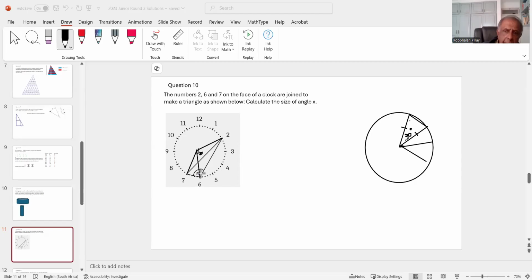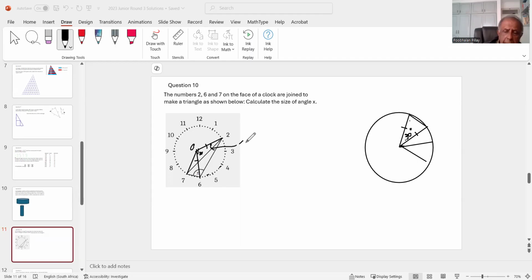From here to here, there are 4 30s. 1, 2, 3, 4. So this triangle here, it's an isosceles triangle, joining O to 2 and O to 6, right? And I can calculate this angle here, because this angle here is 4 30s. 1, 2, 3, 4. So this angle here is 120.